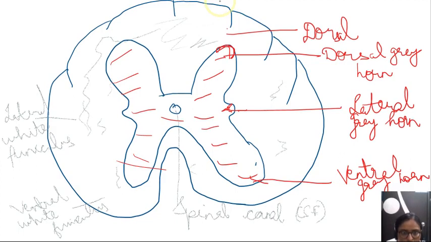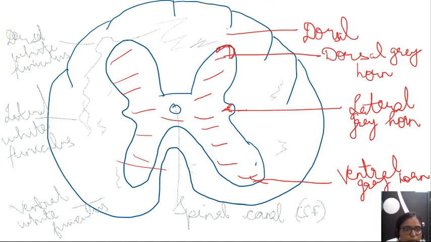And again this one is your dorsal white funiculus. Easy to remember, there is no need to learn it.